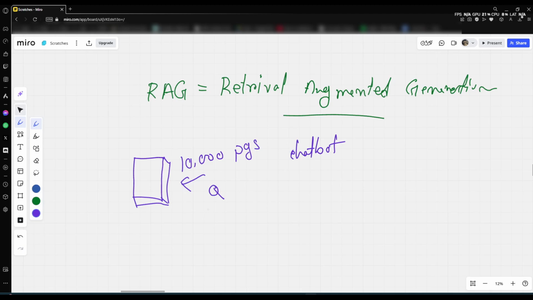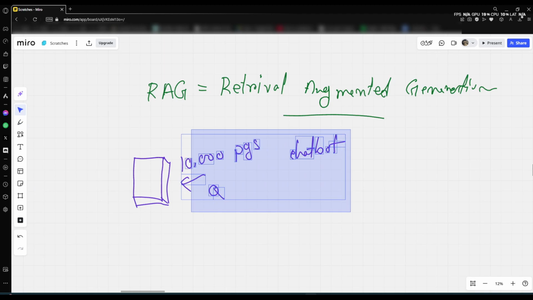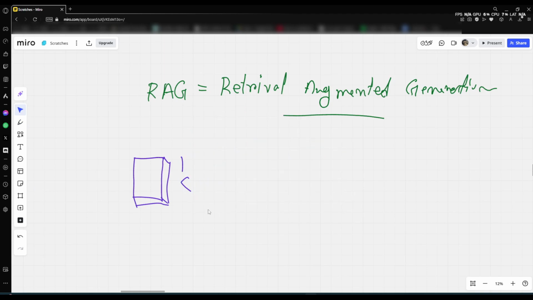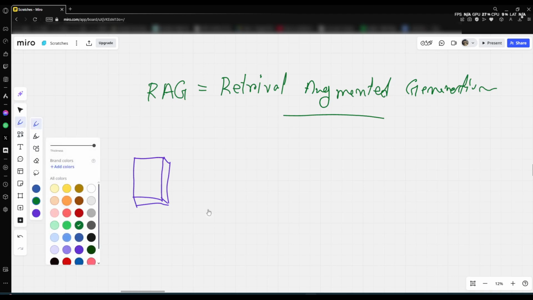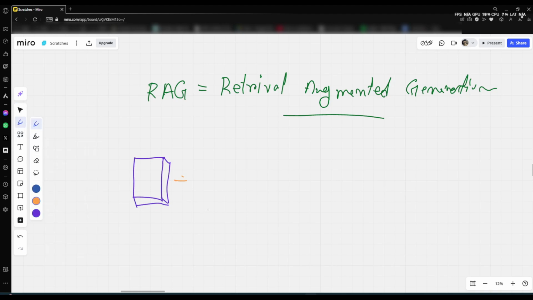I'll turn this book into vector, from book to vector.